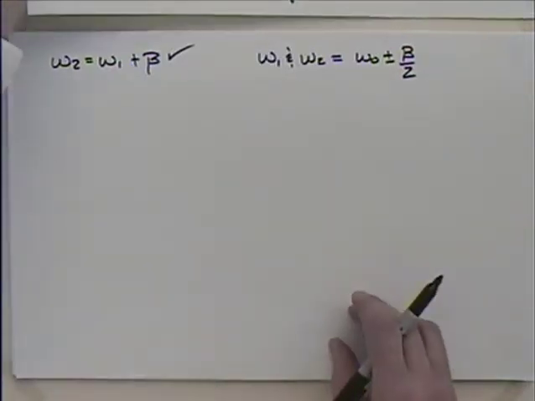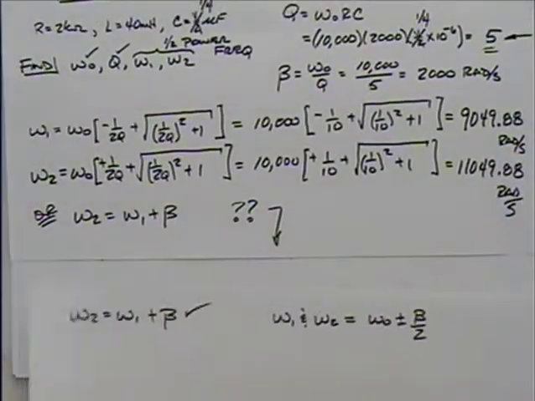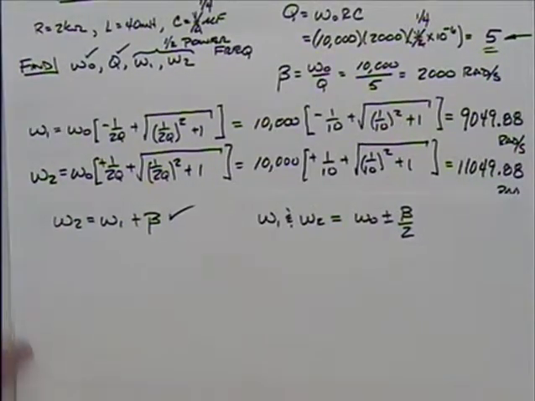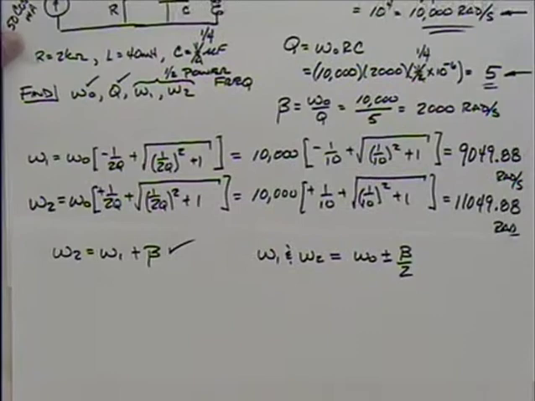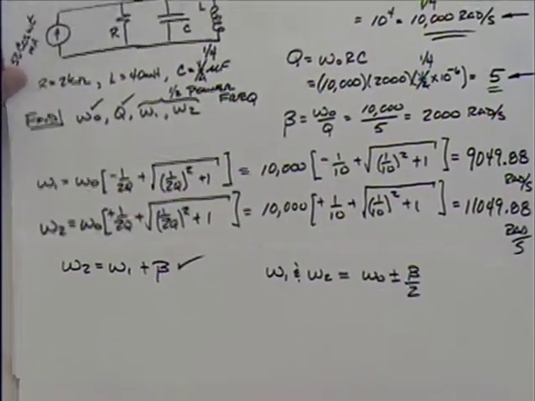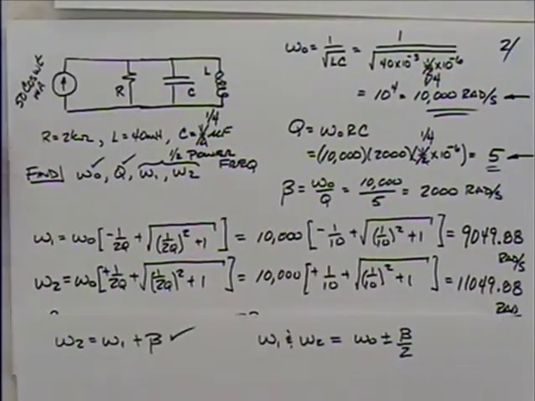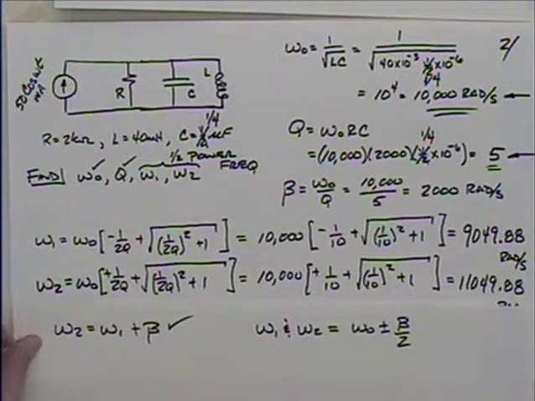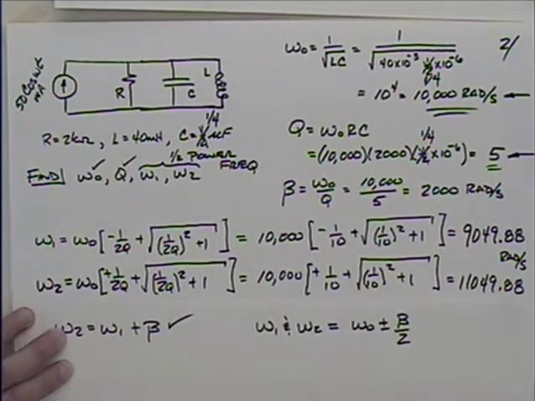Well, let's see. Looking at our numbers here, what numbers did we have? Omega naught's right at 10,000, isn't it? Okay, so I got omega naught at 10,000, and the bandwidth is 2,000, so that'd be 1,000.